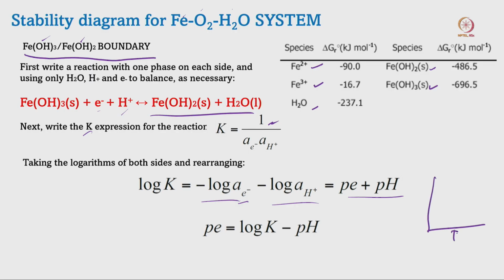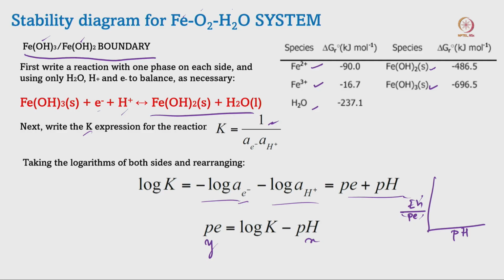So, it always has to be in terms of pH or either EH or pe. So, here it will be either in terms of EH or it will be in terms of pe. So, this is my y, this is my x. Okay. So, pe is equal to log K minus pH.